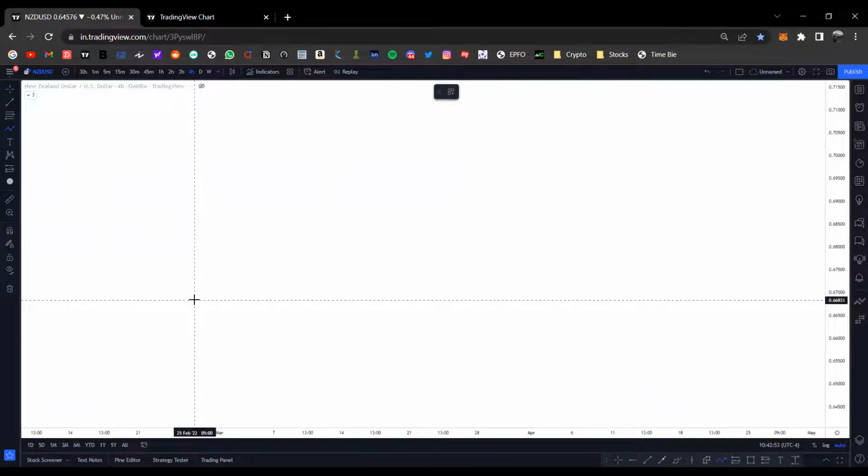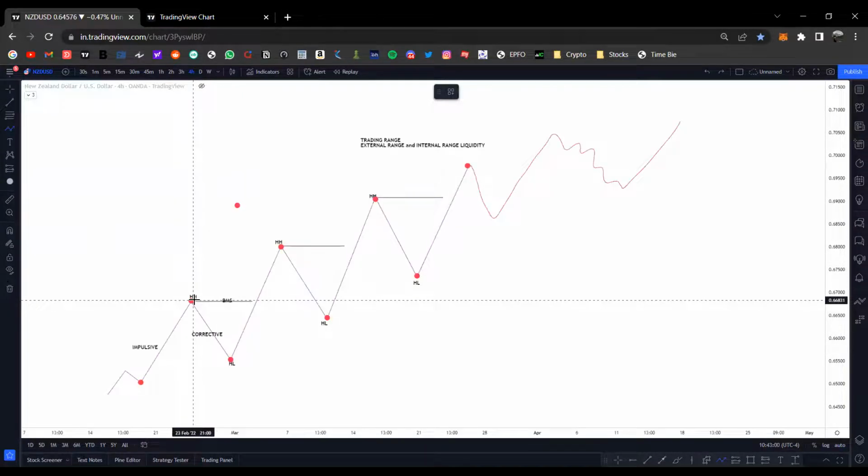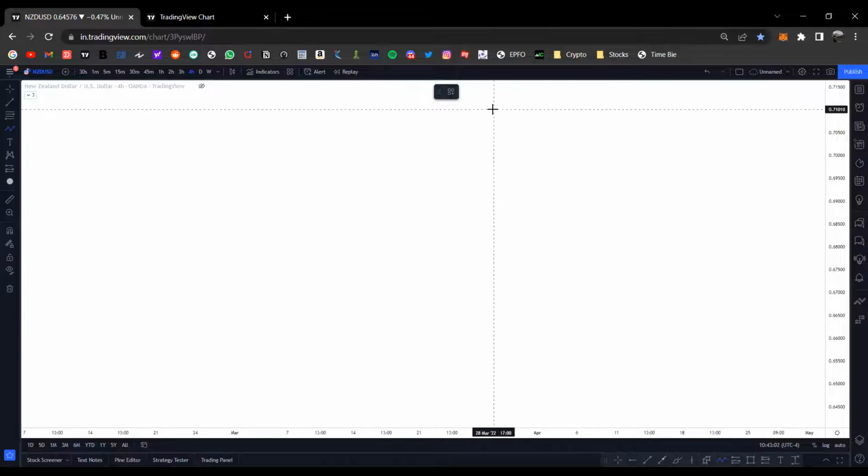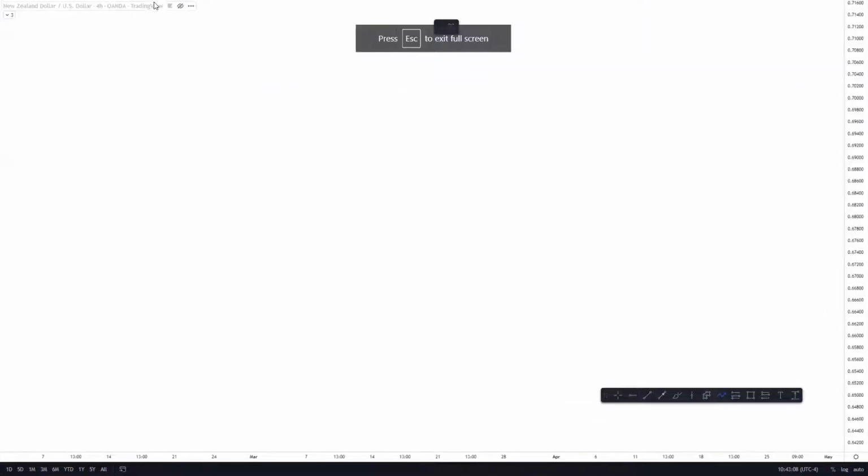And now I will explain external and internal range liquidity. Okay, so as you can see, we are in bearish trend.